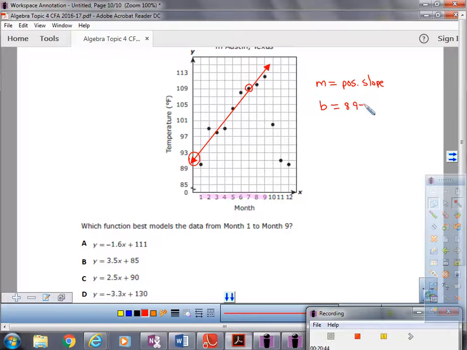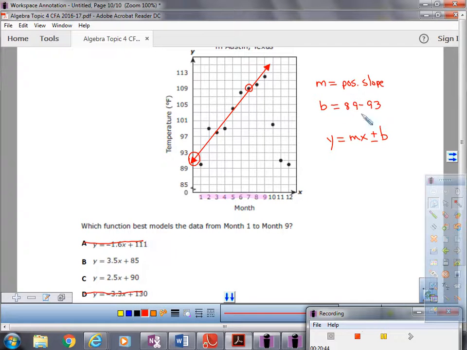So those are things that we want to look at, because remember that your equations are y equals mx plus or minus b. So this has a negative slope. I would not pick A. I would eliminate A. This has positive, that's positive. This has a negative slope, that's out. So now I've already narrowed it down to 2 answers.